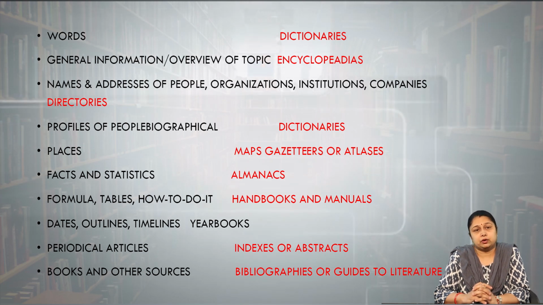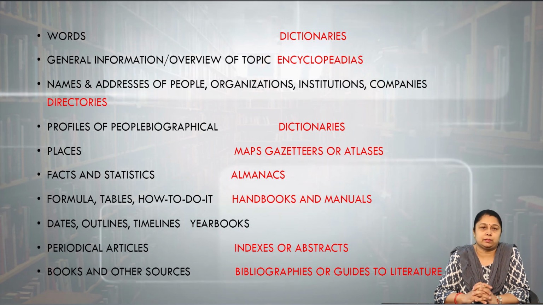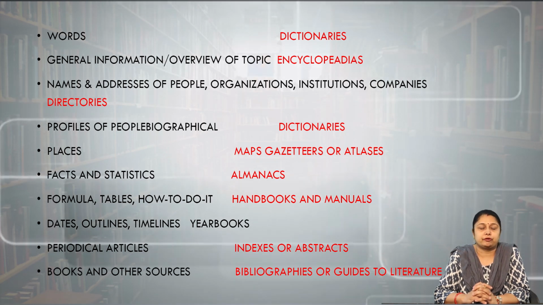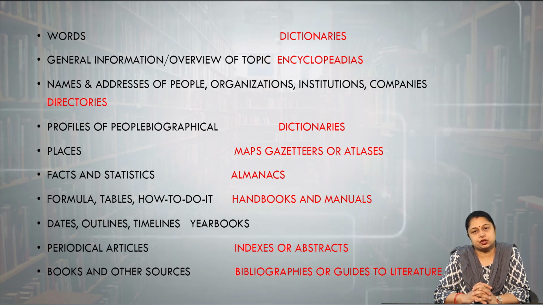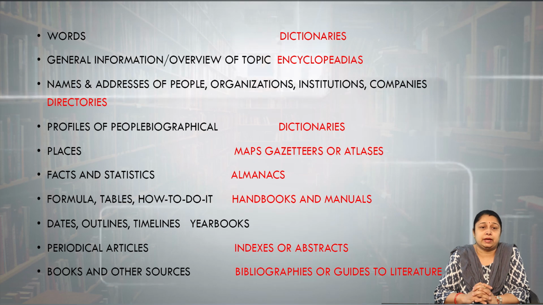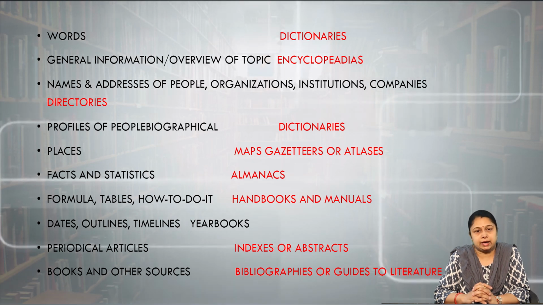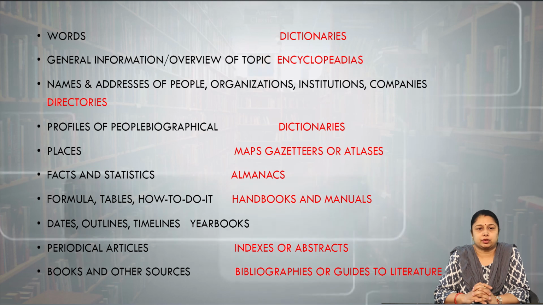Then if we are looking for some statistics and facts, then we use almanacs. If we are looking for formulas, tables, how to do it, then we search handbooks and manuals. If we are looking for some dates, outlines, times, then what do we refer to? We refer to yearbooks.